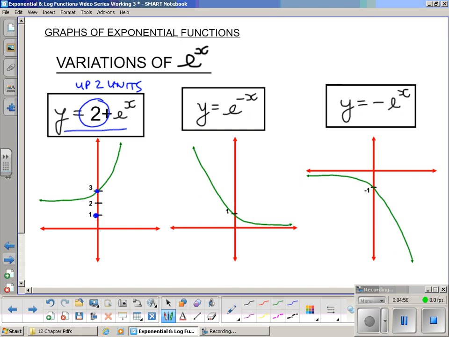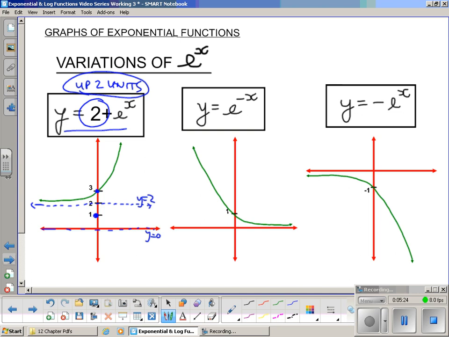And the asymptote that we had along the x-axis for our basic curve has moved up 2 as well. So within this one, we've got an asymptote for the line y equals 2, not the line y equals 0. So the effect of having a 2 added to our basic e to the x moves the whole curve up 2 units.